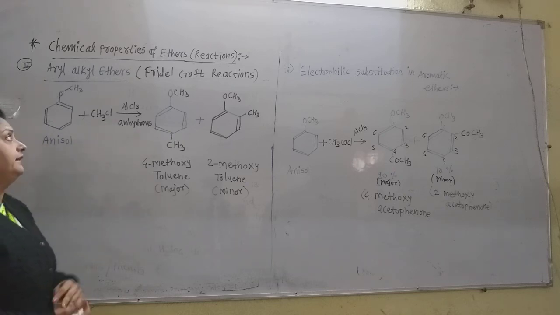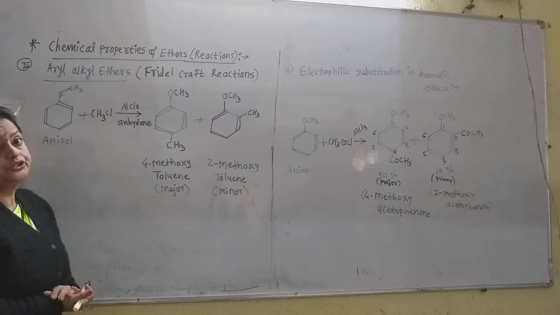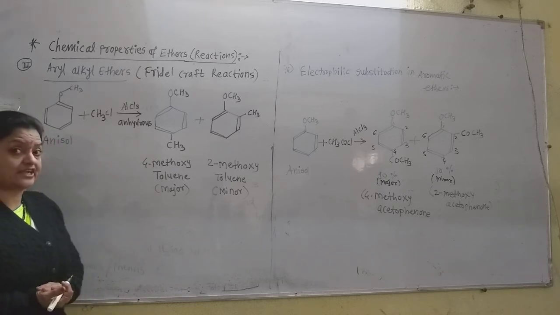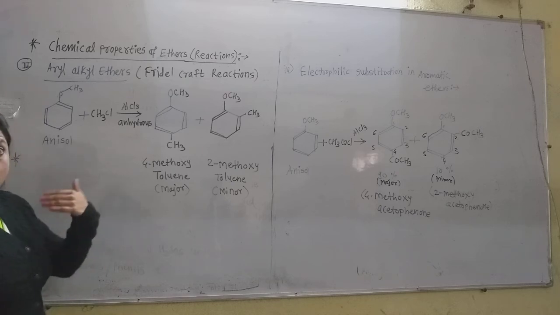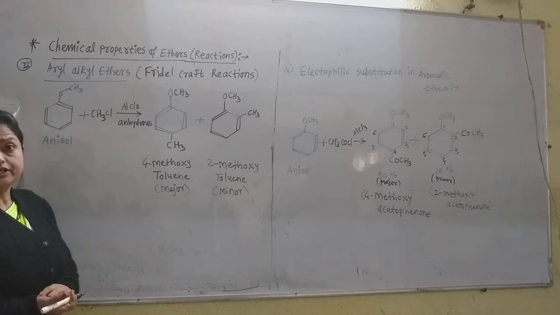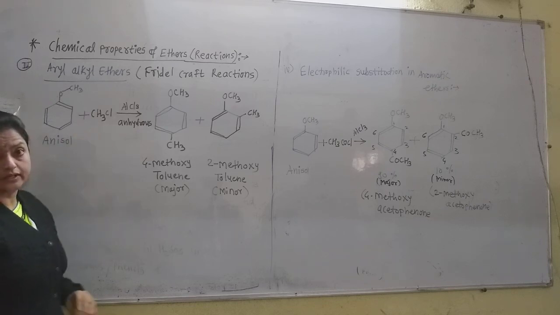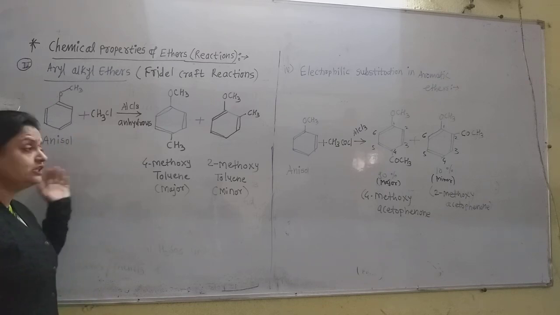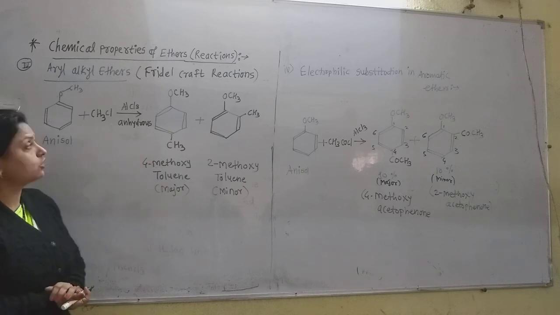Anhydrous aluminum chloride is used for the Friedel-Crafts reaction, for alkylation as well as for acylation. For alkylation, alkyl halides are used. This is methyl chloride. When methyl chloride reacts with anisole, two different products are obtained.